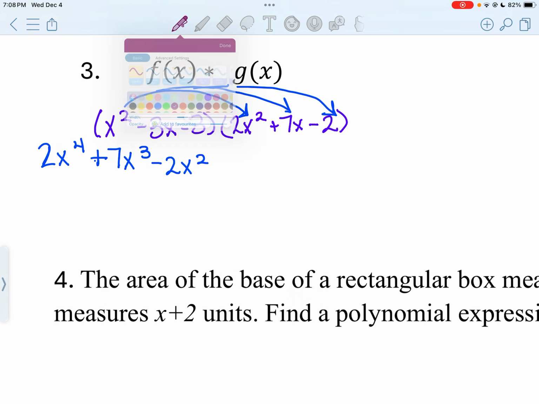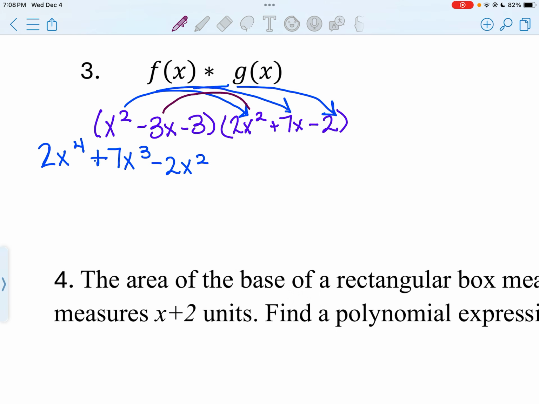Now let's distribute this negative 3x to everything in the other parentheses.